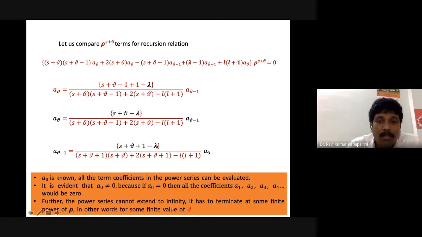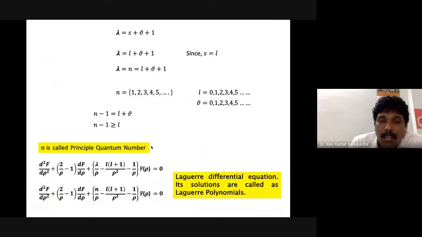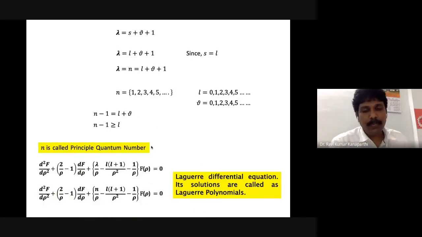In the numerator, if lambda is equal to s plus nu plus 1, then for a finite value of nu the power series terminates. So we terminate the power series using the lambda value, which has to be this much in order to get the acceptable solutions. Then we already got a small relation when comparing the rho to the power s coefficient.